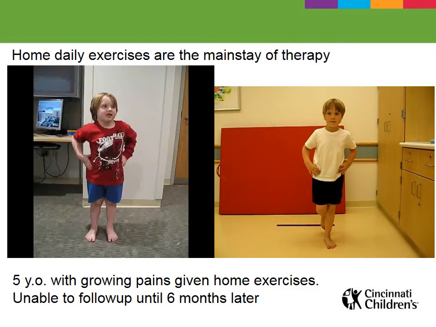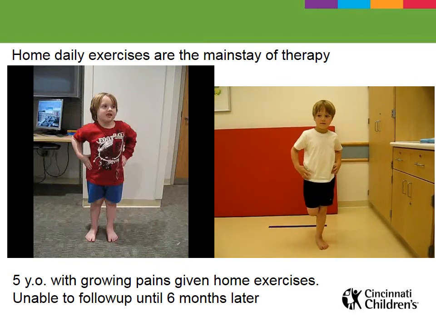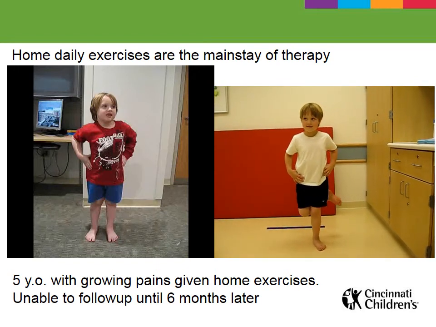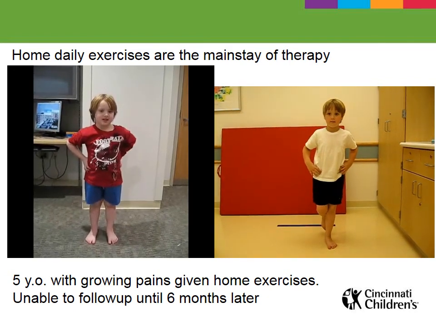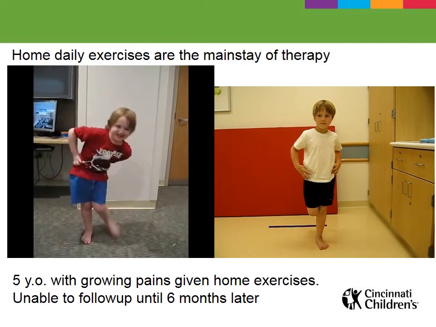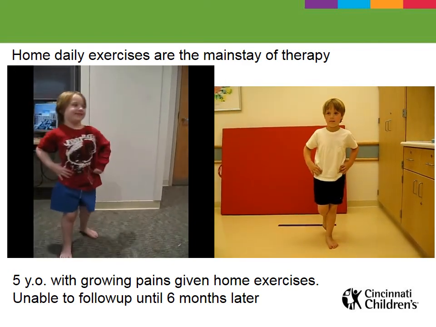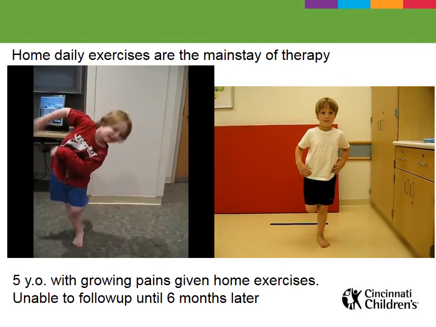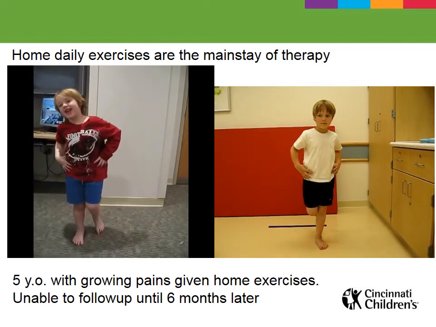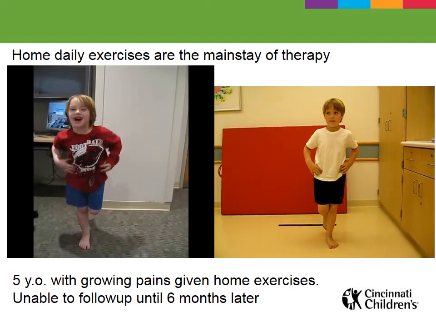To put this into perspective, this is a 5-year-old who has been diagnosed as having hypermobility, and he's attempting to stand on one leg. He should be able to do this for approximately 7 seconds, and he cannot. This brings out 2 points. One is that there is an impairment of proprioception, but also our main therapy is to perform physical therapy.